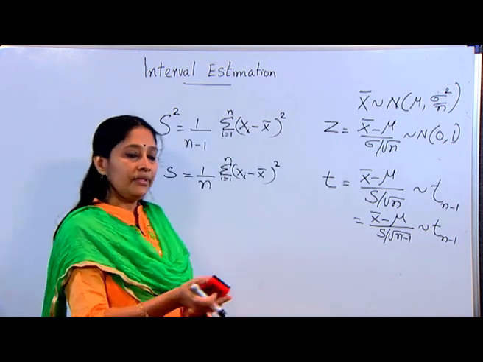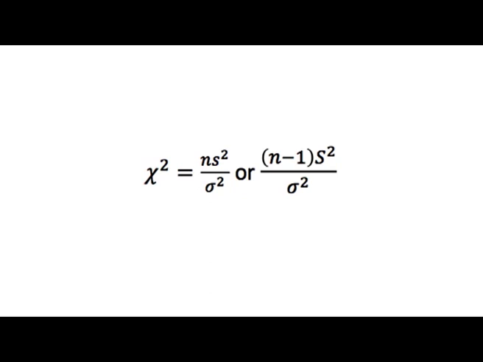Similarly, we have a statistic n s square by sigma square or n minus 1 capital S square by sigma square.